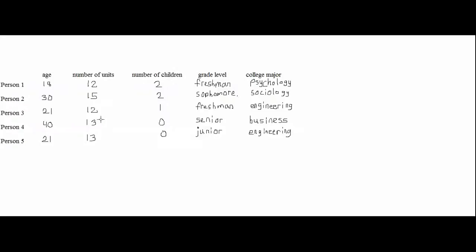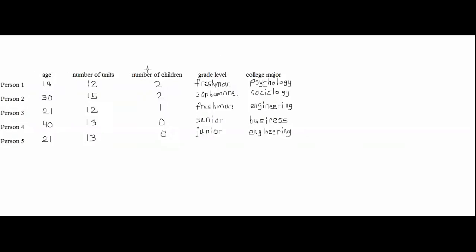So we would say that this value has a frequency of 2, and it looks like 2 people are taking 12 units, so this value of 12 units would have a frequency of 2 because it shows up 2 times. So the frequency of a value is the number of times it appears inside its column of data.